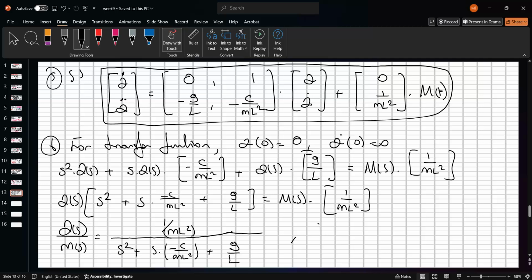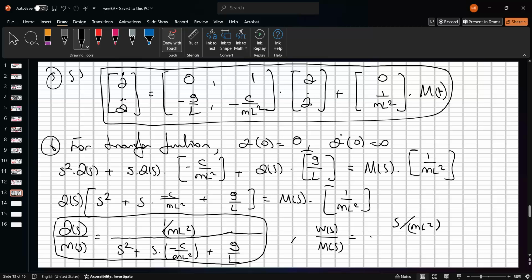And so how can we write the angular velocity transfer function here? Yes, this is so simple. W(s) is equal to s divided by ml squared over s squared plus s times minus c divided by ml squared plus g divided by l.